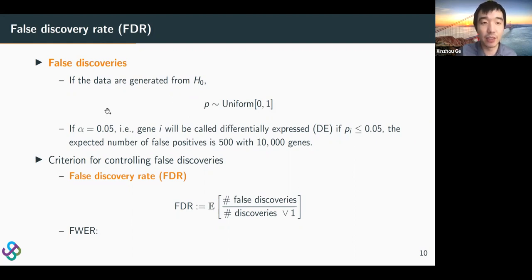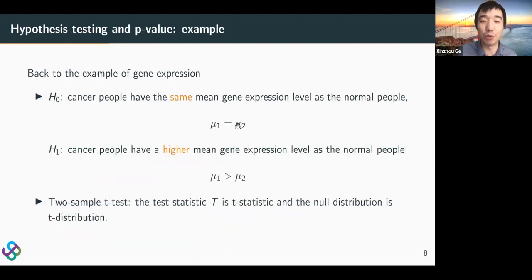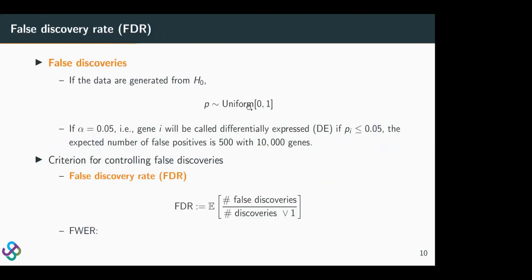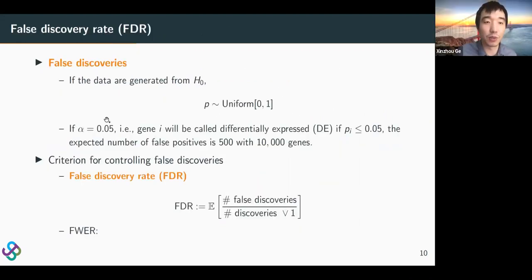So in that case, if we set the significance level threshold at 0.05, then even though all the genes are not differentially expressed genes, even though all the genes have mu1 equal to mu2, even though this is the truth, we still have 5% of the p-values smaller than the 0.05 threshold.